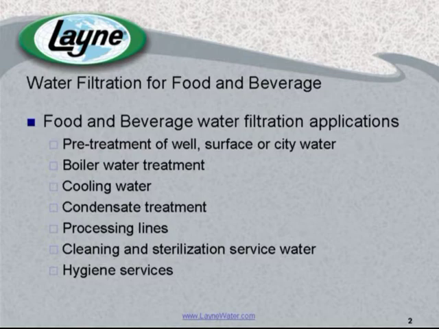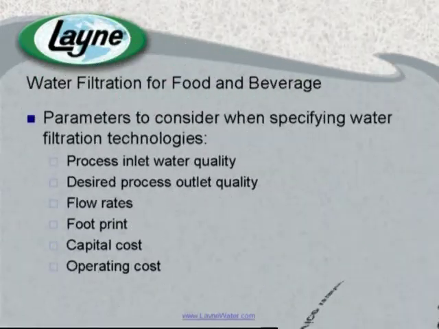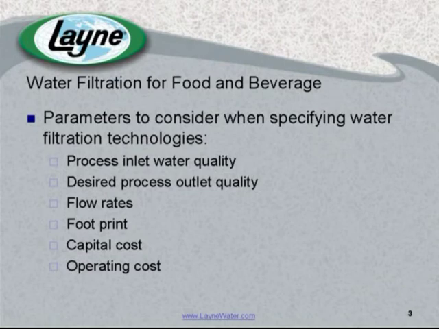Next, you have to consider a handful of key parameters before you get much further down the road. Things such as what is the quality of the water coming into this filter medium, and almost as important is how widely does that water quality fluctuate. Next is when I process this water through my filtration system, what type of final quality do I need for my particular process?